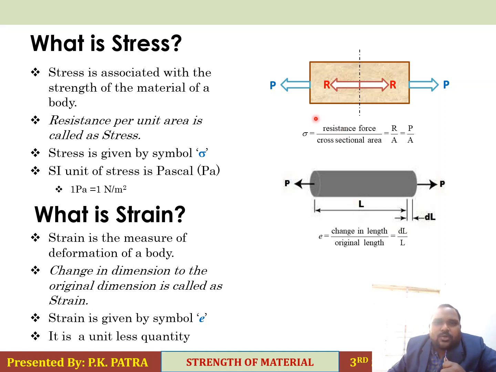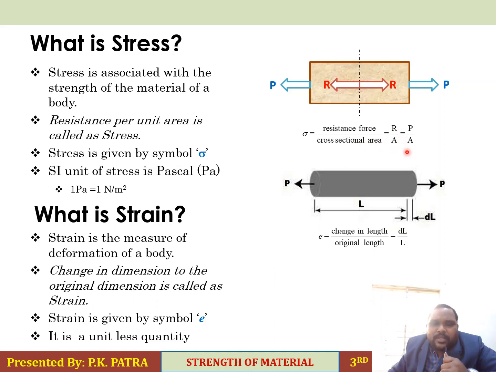Okay, so how do you calculate this value? This value is calculated by sigma and this is known as stress. What is that? Resistance force per cross-sectional area. So resistance force is R. This is the internal force that is produced by the material when external load acts on it, and this one is the cross-sectional area.